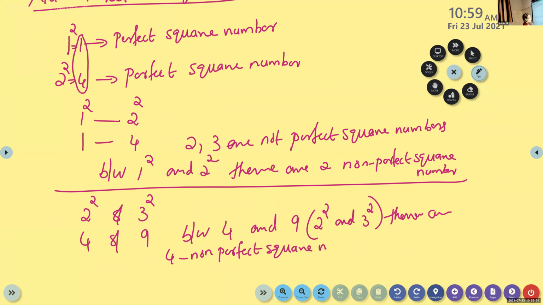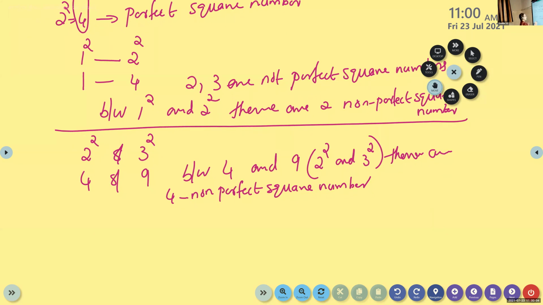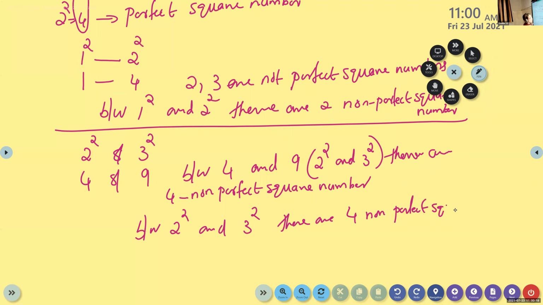So between 2 square and 3 square, there are 4 non-perfect square numbers.